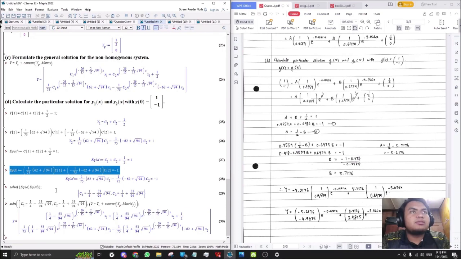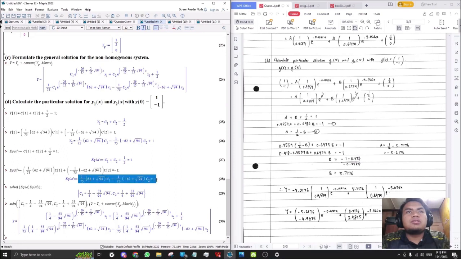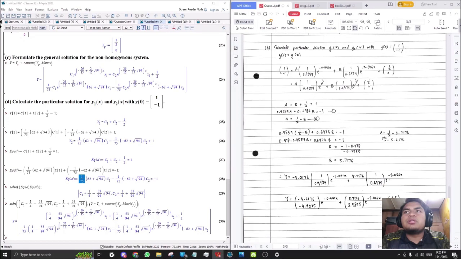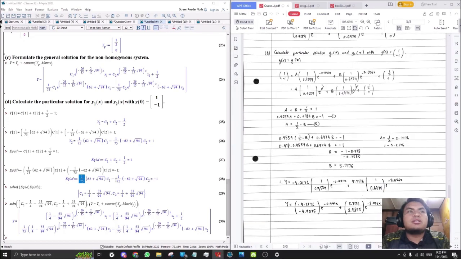If we enter equation 1D and equation 2D inside the calculator, you will get this number. Okay, for the A, this is the solution, same as the manual calculation, and this is for the B.